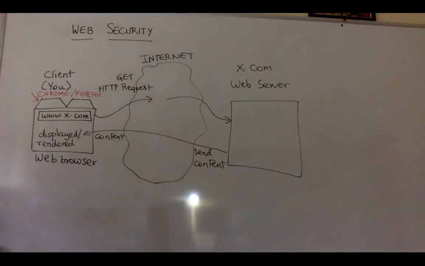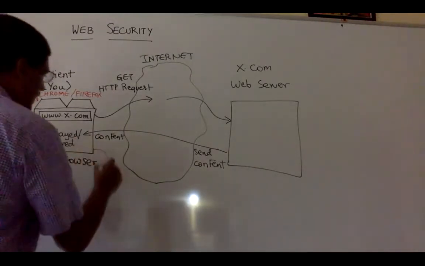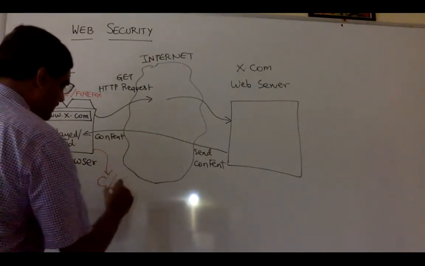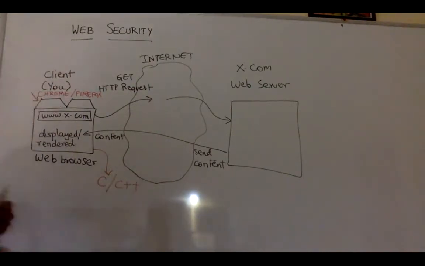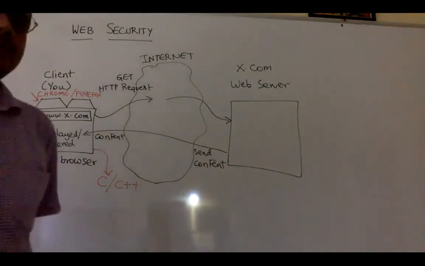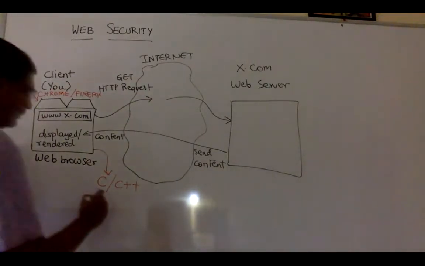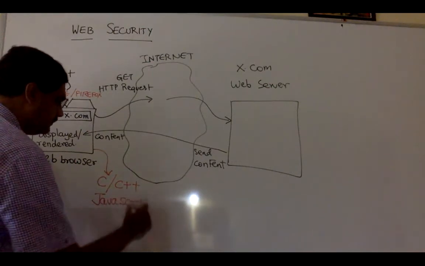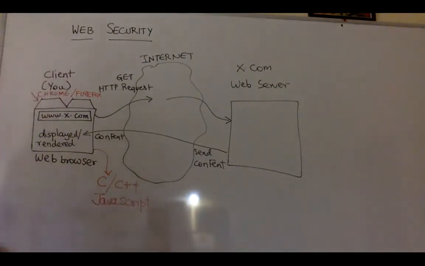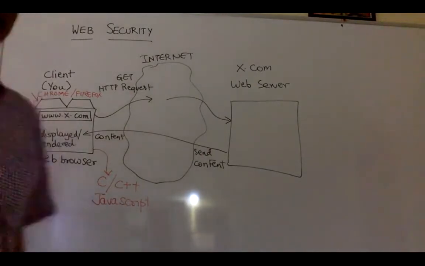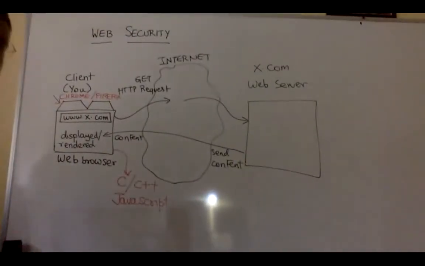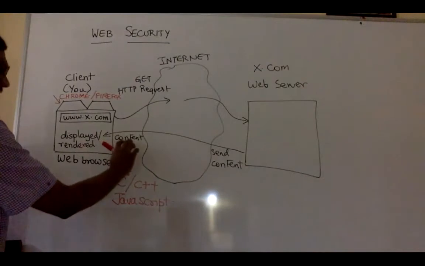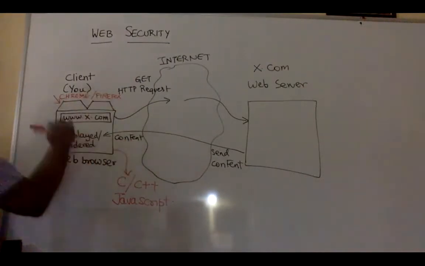And it is written in a combination of C, C++, and also Rust increasingly. Okay, So C, C++. It also contains code in higher level languages such as JavaScript. Okay, so this code over here has the responsibility of actually displaying this content on your web browser.